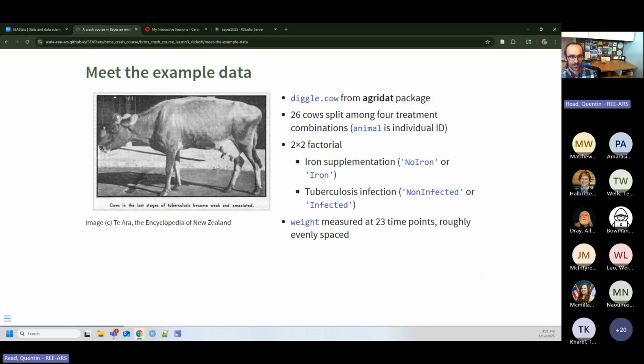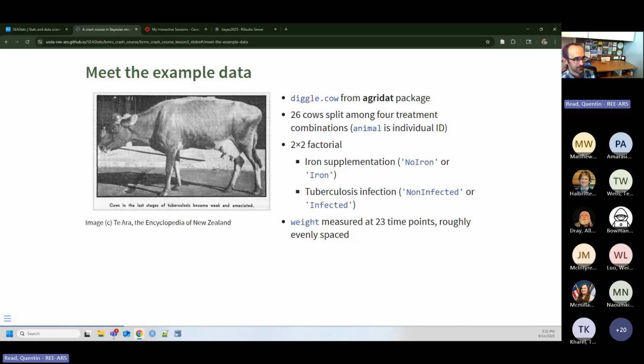For our example data for the first one, this poor cow in this picture is sadly afflicted with tuberculosis and isn't doing so hot. This is another example data set from the AgriDat package that comes from a publication by Diggle et al. They wanted to know if supplementing the cattle's diet with iron would help them still maintain their body weight gain, even if they had tuberculosis.